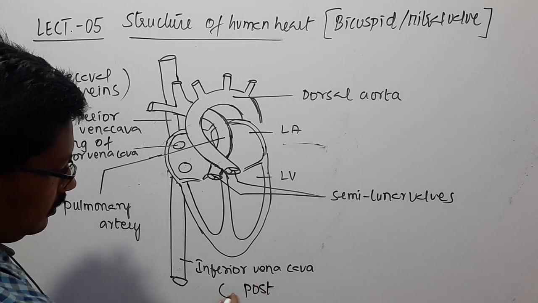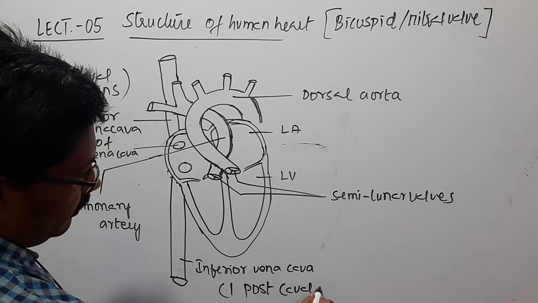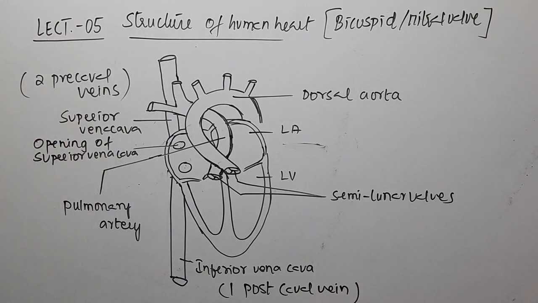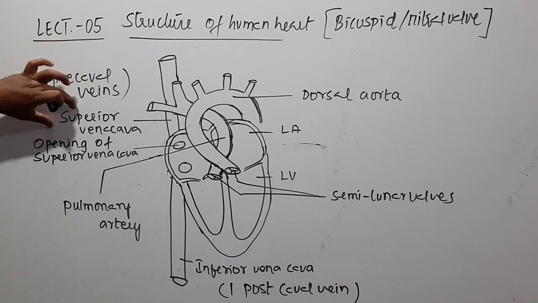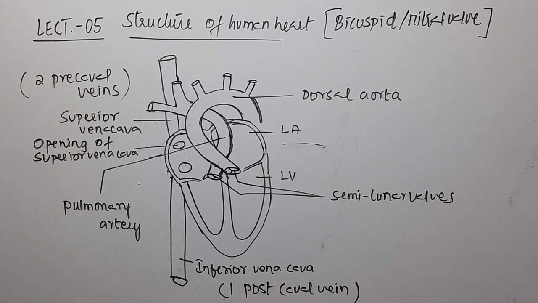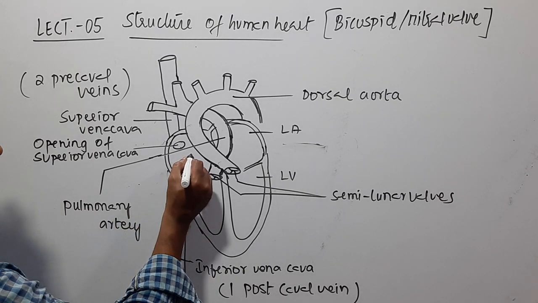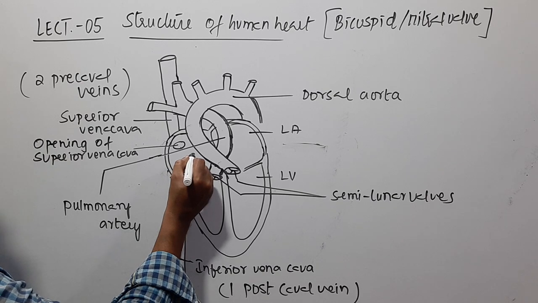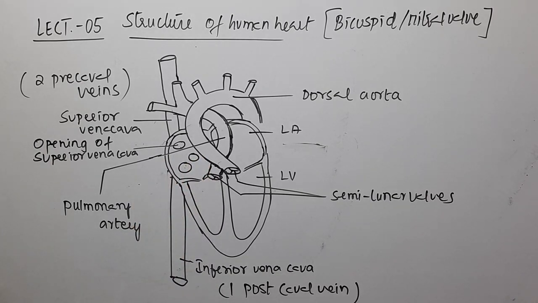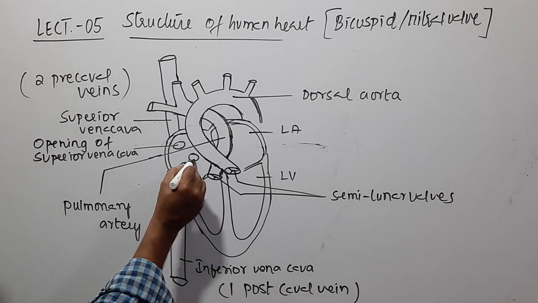The two precaval veins join to form the superior vena cava, whereas the inferior vena cava is one postcaval vein. And one more opening you will see in the right atrium, that is the opening of the coronary sinus.